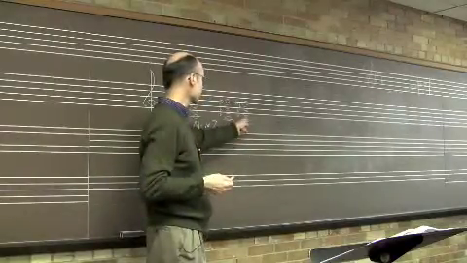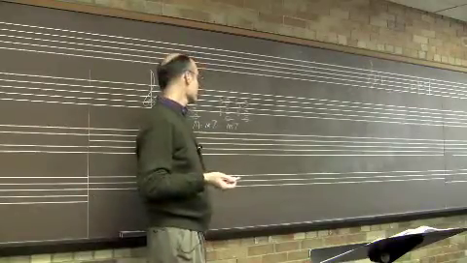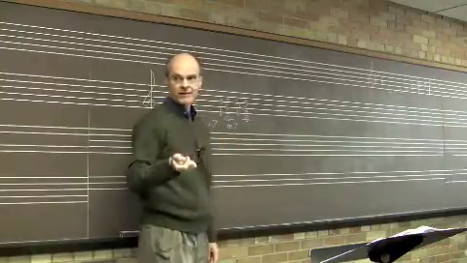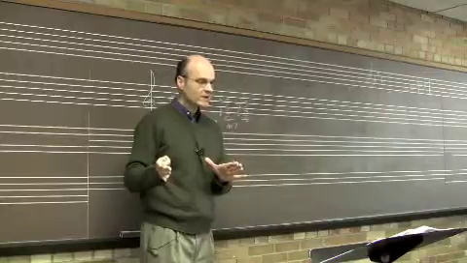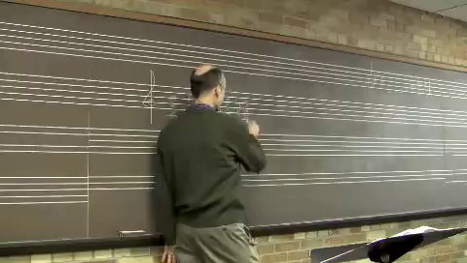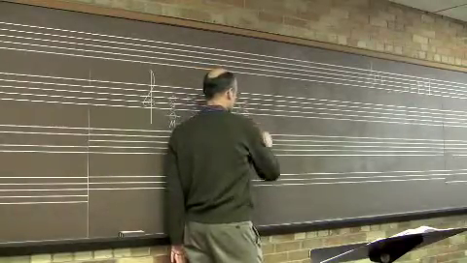And what quality of 7th is C to B flat? Minor. So this is a diminished minor, but this is the one we don't call that. The name for this type of 7th chord is called a half diminished. The triad's diminished, the 7th is minor. So we call it half diminished.